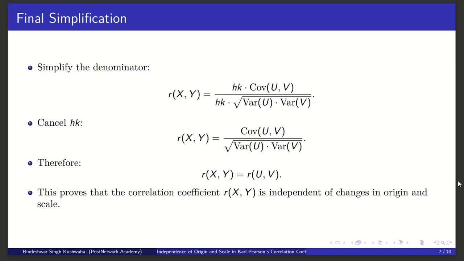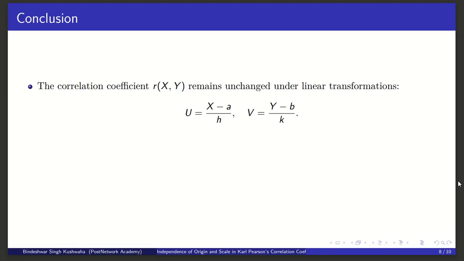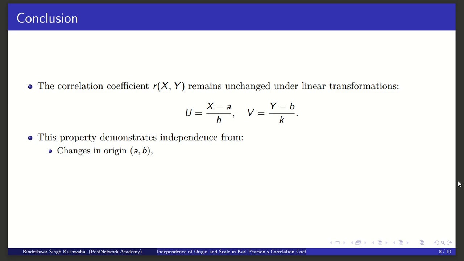So if you subtract a constant from each observation, there will not be any effect on correlation. Or if you divide or multiply, there will not be any effect. So the correlation remains unchanged under linear transformations. This property demonstrates independence from changes in origin and changes in scale.